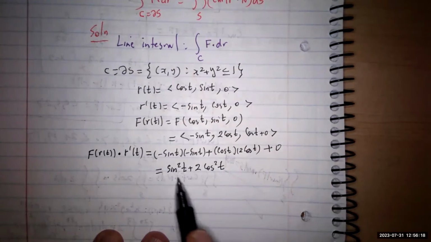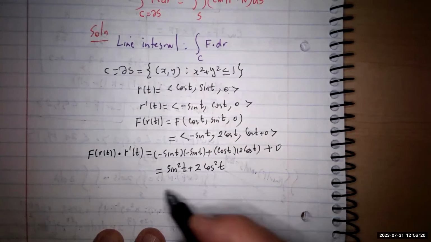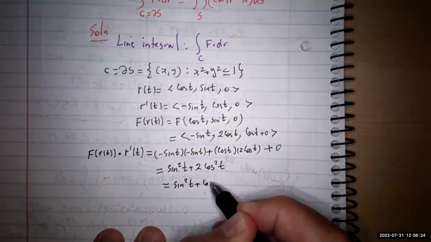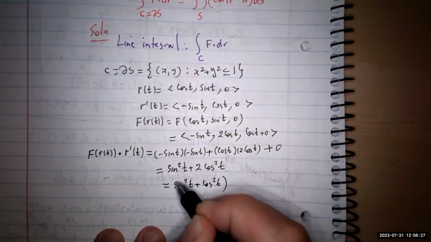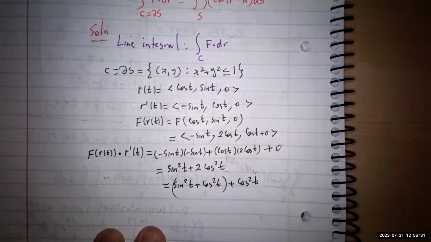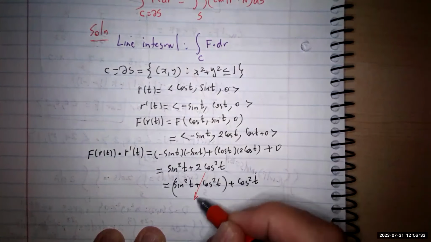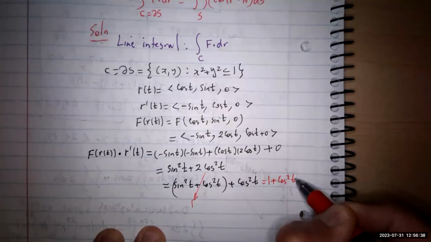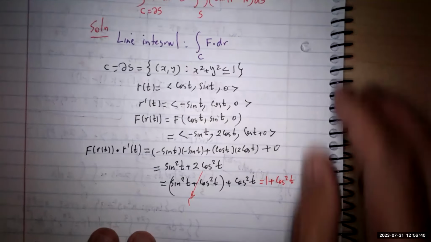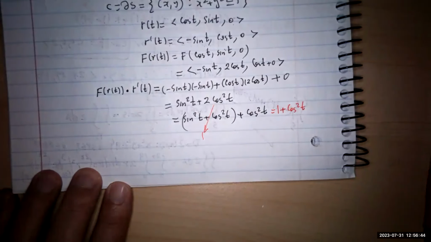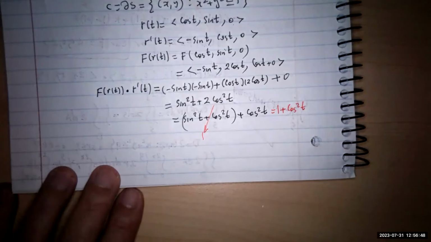So that gives you, 1 plus, so this is going to be like sine squared of t plus cosine squared of t, then cosine squared of t. So this would be 1. So that'll make it 1 plus cosine squared of t. Okay, so make it something nice and then you integrate it, and then you'll be done. Any question?